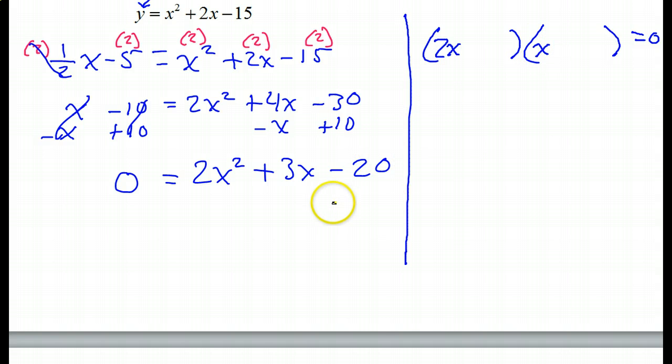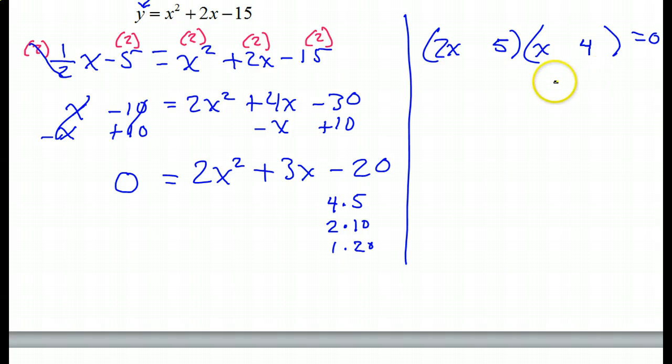Now 20 could be 4 times 5, or 2 times 10, or 1 times 20. I'm going to try the 4 and the 5 first. Now I know the 4 will not go here because that would cause a GCF, common factor. So instead I will do 5 and 4 like this.